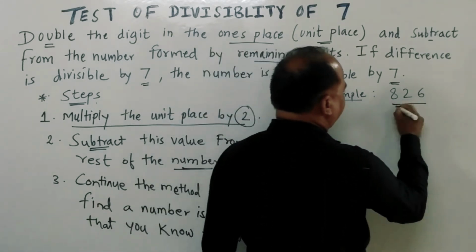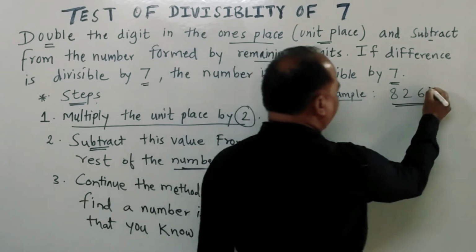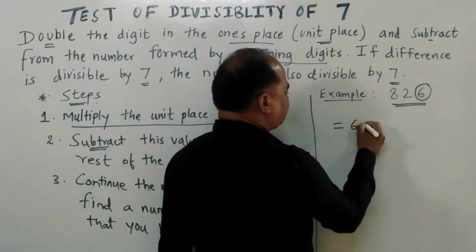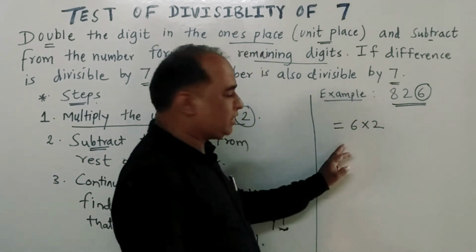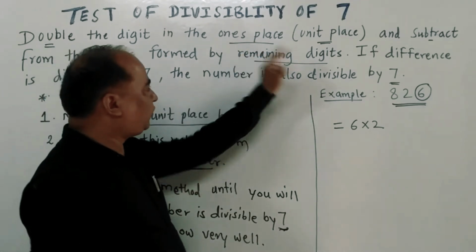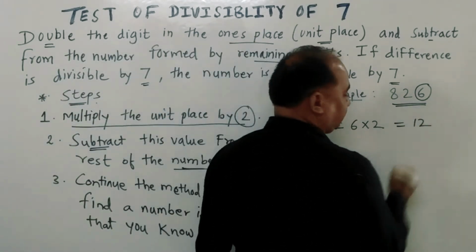So here the number is 826. The unit place of this number is 6. First multiply 6 by 2, that is, double the ones place, which is equal to 12.